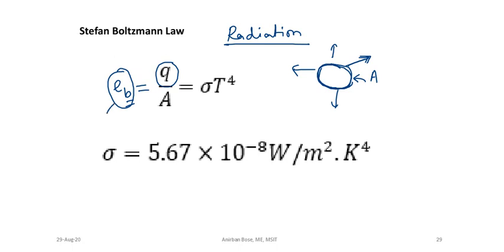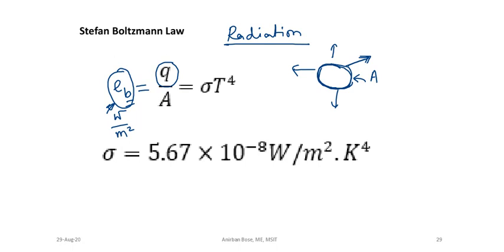So the unit is very clear. It is again watt per meter square, because it is per meter square. And remember, a black body is an ideal body where the maximum amount of emission takes place.